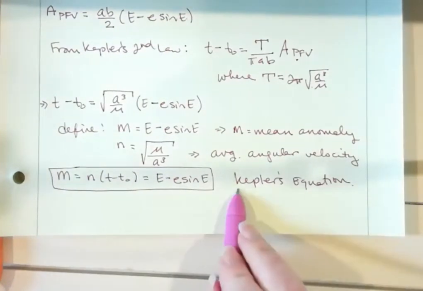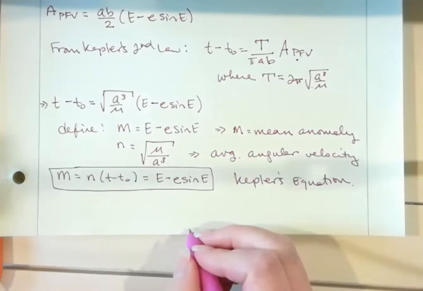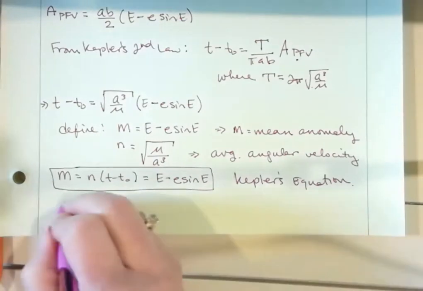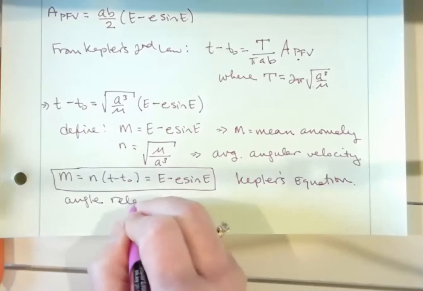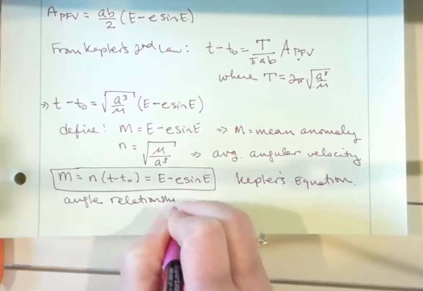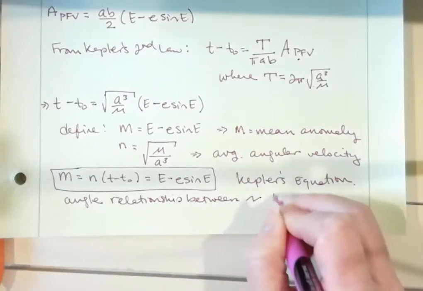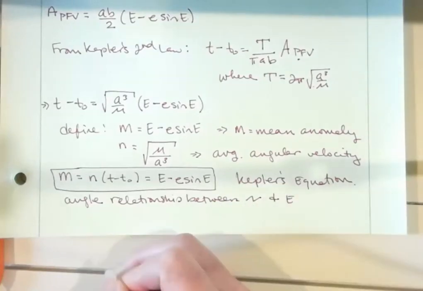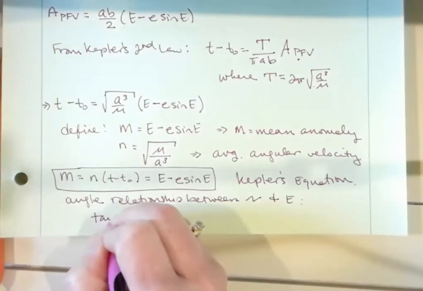So now we've got this equation, we can get one more equation that deals with eccentric anomaly. This next one is going to be an angle relationship between your true anomaly and your eccentric anomaly. I'm not going to derive this one, but this is what the equation is.